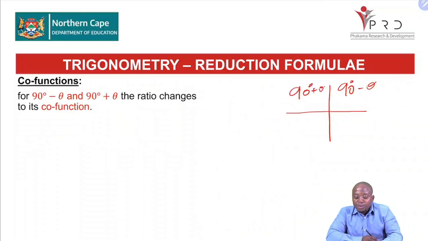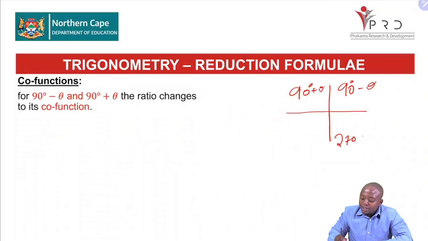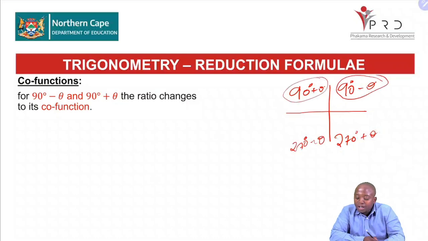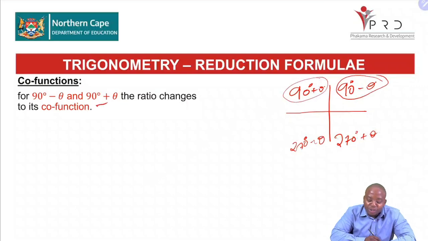Also we have 270 plus theta and 270 minus theta, which are also co-functions. When we are working with a reduction formula where we have 90 minus theta, 90 plus theta, 270 minus theta, 270 plus theta, the ratio changes to its co-function.